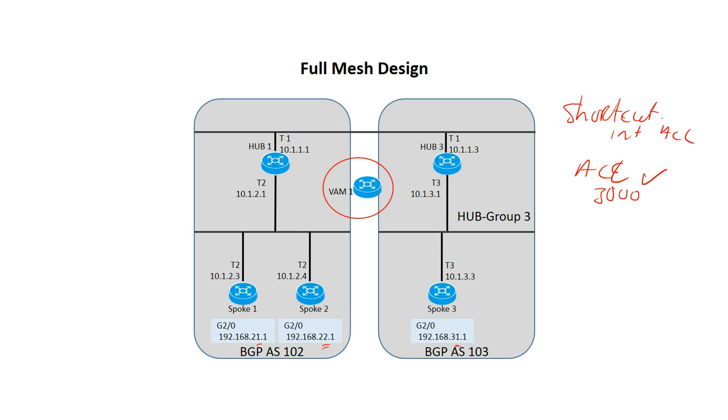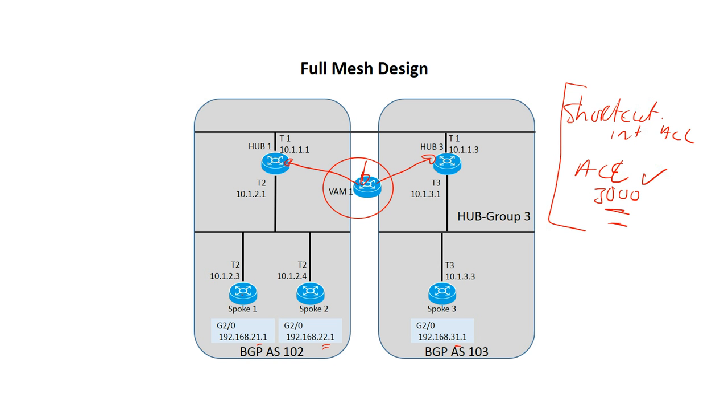I want that to be fully meshed, and that'll be part of the ACL. Remember, we don't push this shortcut information down to the spokes. That's not scalable. So we create a configuration on the VAM server, and the VAM server will tell the hubs, hey, by the way guys, we have interesting traffic for shortcut. In that shortcut he's going to take the lines that we've configured and introduce them to the hub.